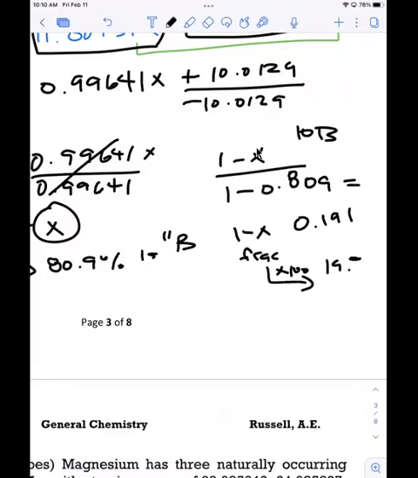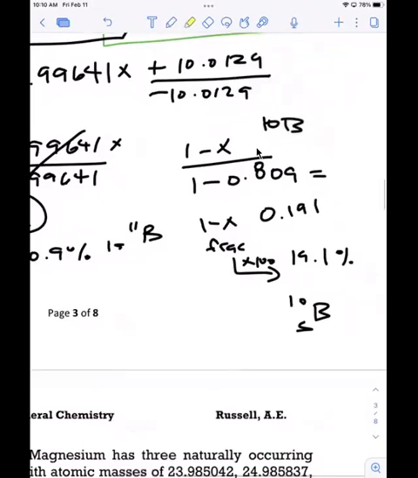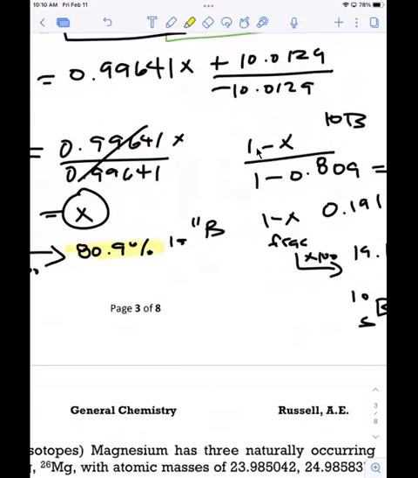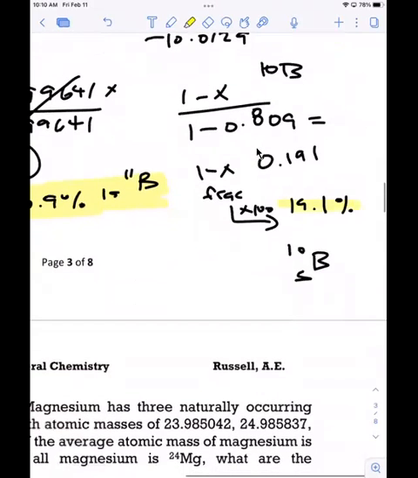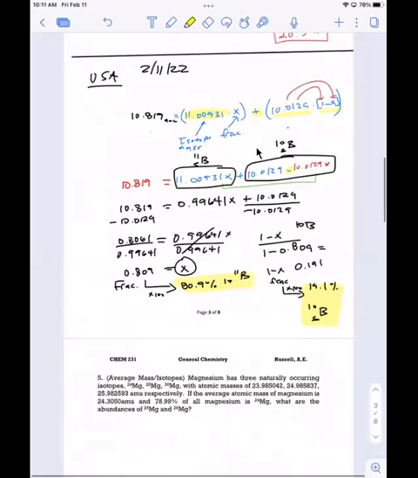So it's 19.1% of the B10 isotope, boron 10. So 80.9% for B11, and then 19.1% for B10. Those percentages are based on the fact that the average mass is different in the Turkish sample and the sample in the United States.